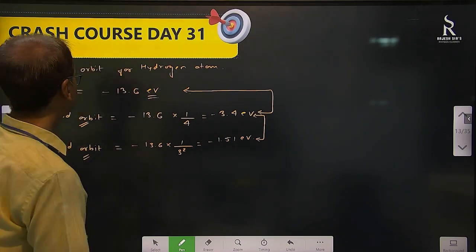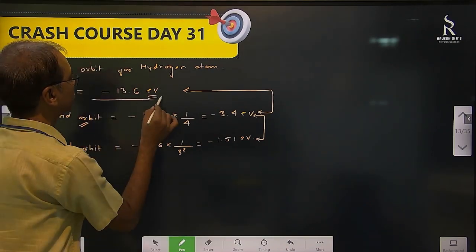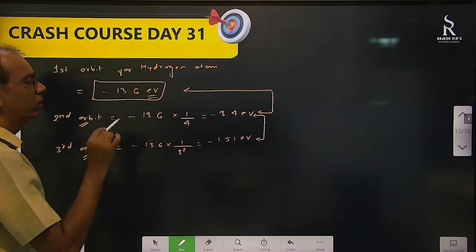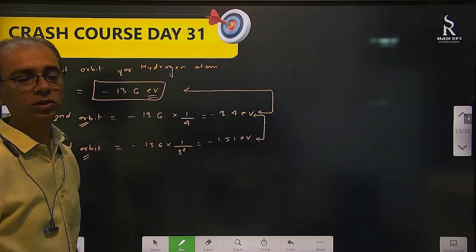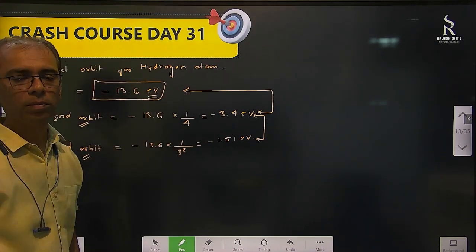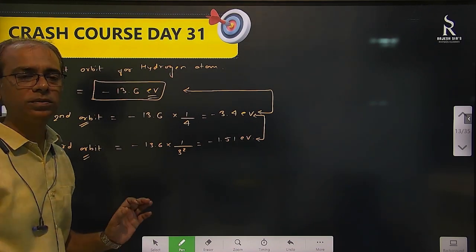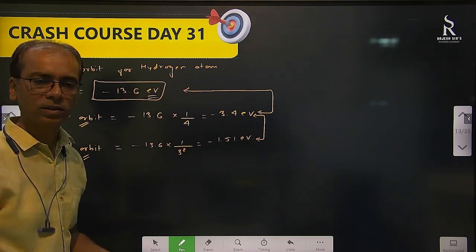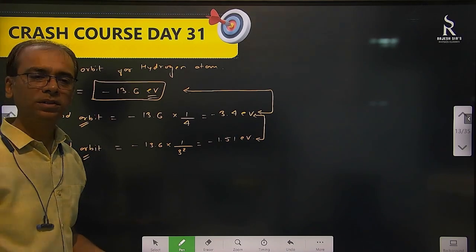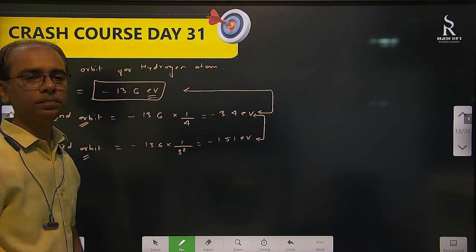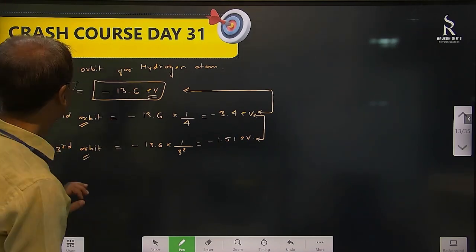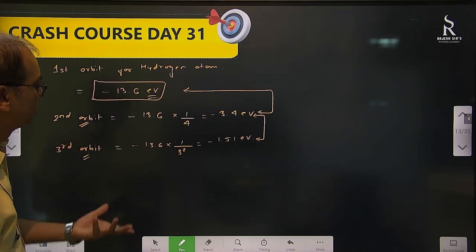If the electron is at minus 13.6 eV and you give a certain amount of energy so that the final energy becomes 0, then you ionize it. So how much energy do we have to give? Plus 13.6. So ionization energy is plus 13.6. We will come back to ionization energy again.